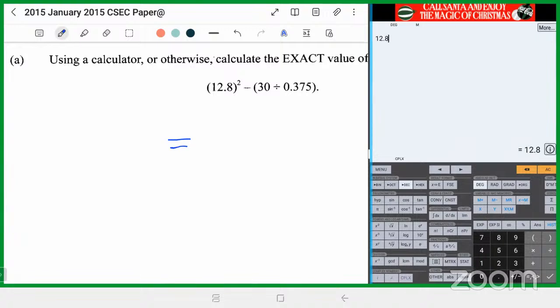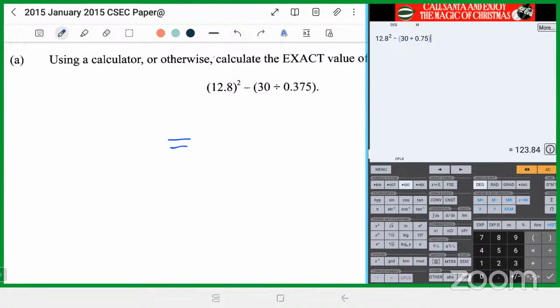So it's 12.5 squared minus bracket 30 divided by 0.375, close bracket. I'm getting 123.84.